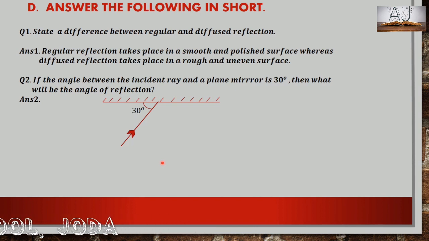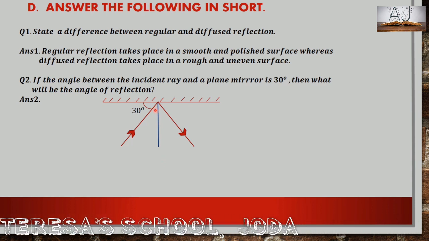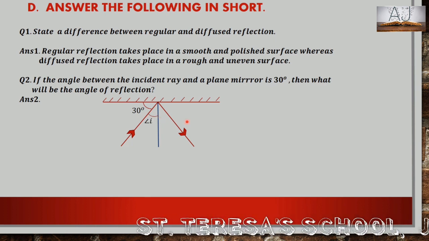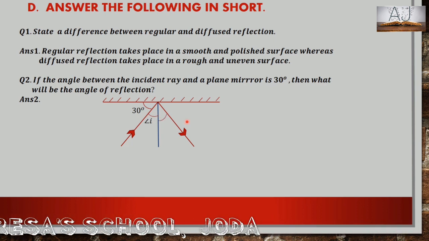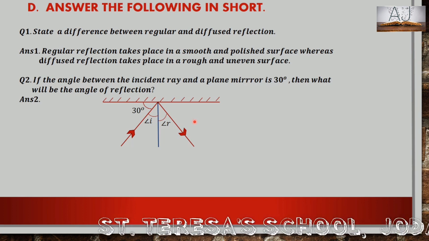So now let us draw the reflected ray. So this is the reflected ray. Now let us draw a normal. The angle between the incident ray and the normal will be called the angle of incidence. And you know the angle between the reflected ray and the normal is called the angle of reflection. So we need this angle of reflection only.